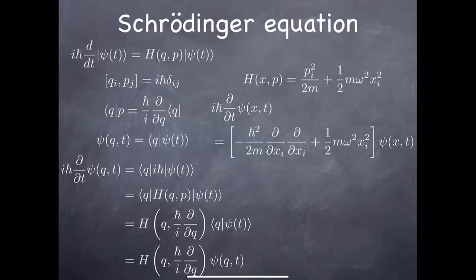Once you have the Hamiltonian and the canonical commutation relation, you can immediately write down the Schrodinger equation on any physical state ket psi. The ket is a function of time, and the time derivative of the state is given by the Hamiltonian acting on the state.